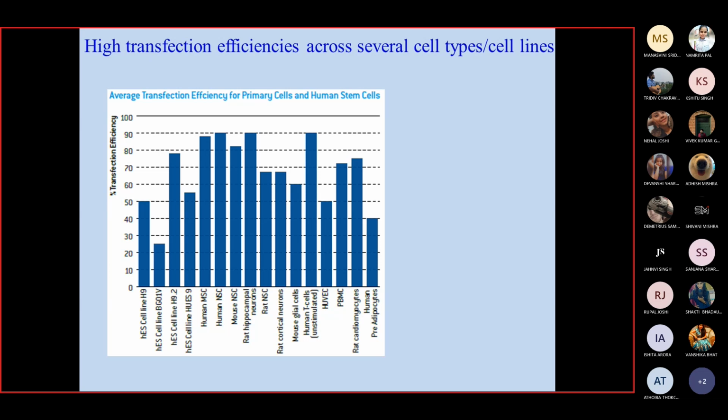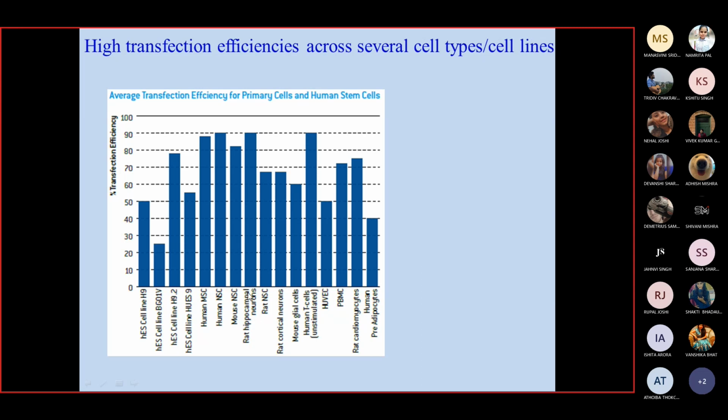Nucleofection essentially gives high transfection efficiencies across many different cell lines. Some of these cell lines are really hard to transfect using conventional technologies, but with nucleofection, you can have very high transformation or transfection efficiencies. For example, you can see it's all in the high 90s. Human T cells can be transfected at very high efficiency.